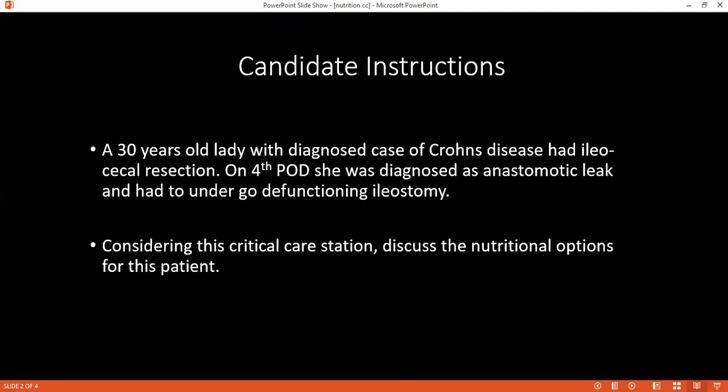One last question, please. Can you name a few disadvantages of using glucose as the main source of energy for a post-operative patient? Yes, ma'am. There may be glucose intolerance, as these patients have a tendency to hyperglycemia.